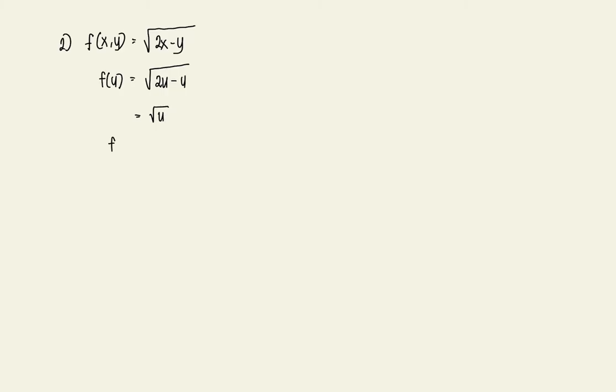Or f of u is equal to u raised to the power of 1/2. So in this form, we were still able to write it in the form cu to the power of n, where c is simply equal to 1 and the exponent n is 1/2.